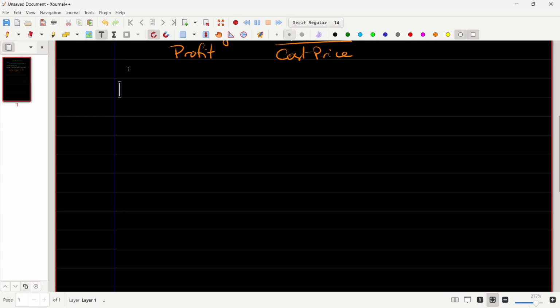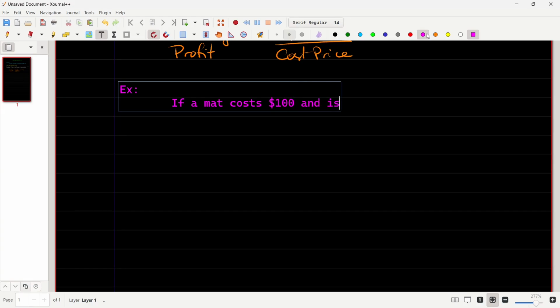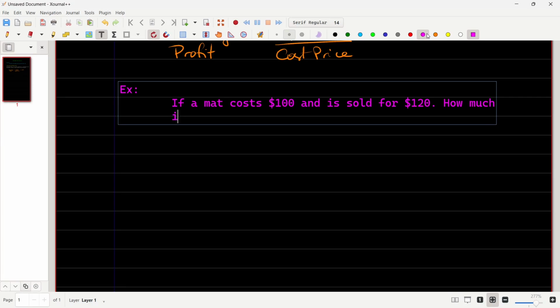So let's go with an example. I'll change the color of this to pink. If a mat costs, let's say, $100 and is sold for $120, what is the profit percent?